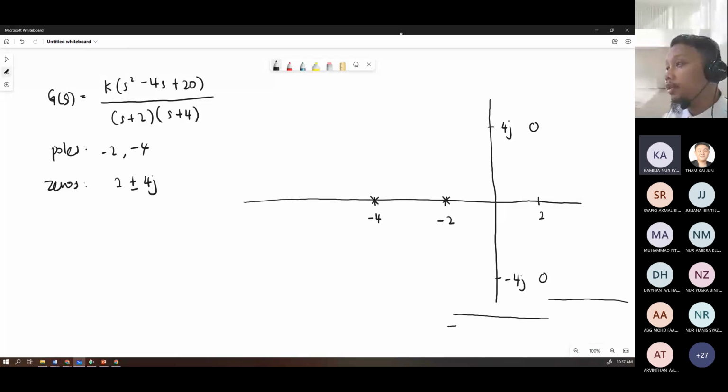And then from -2 until -4, there are three things here. We have two zeros and one pole. So there are three things, meaning that there will be a root locus here.